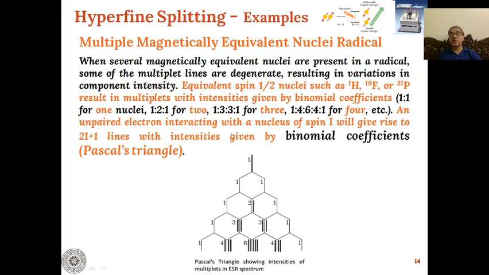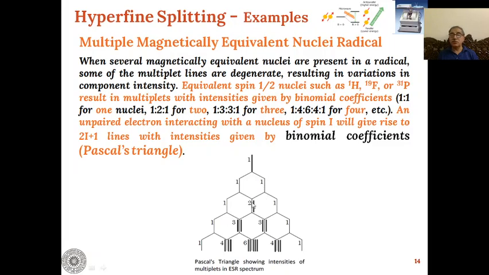Now we will discuss a general situation where multiple magnetically equivalent nuclei are present in radicals. When several magnetically equivalent nuclei are present in a radical, then some of the multiplet lines are degenerate, resulting in variation in the component intensity.